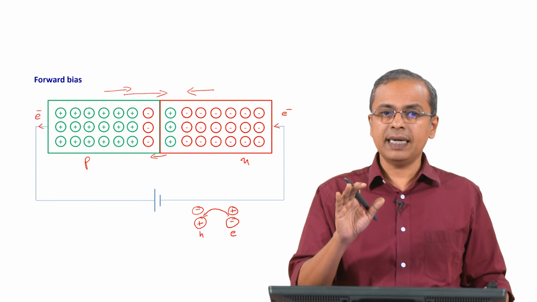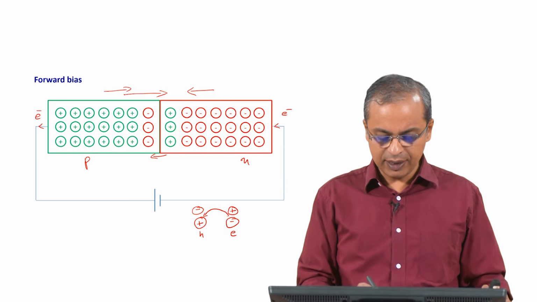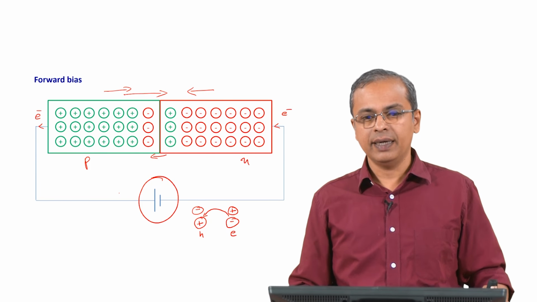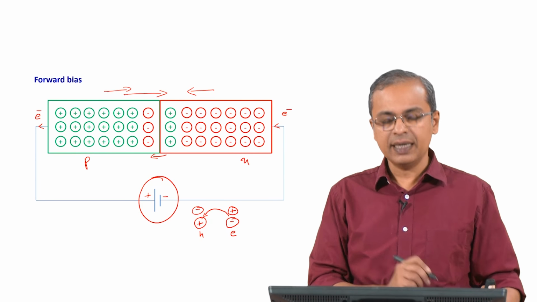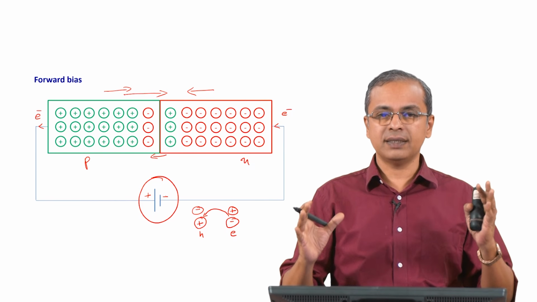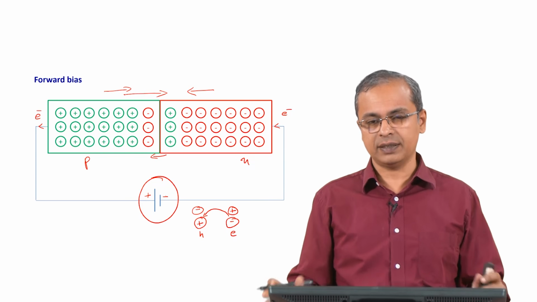Please note that when I said forward bias, to show that as an experiment, we put this battery in this external circuit, and we deliberately connected the positive to the P side and the negative to the N side. This is what we did to demonstrate this characteristic of the PN junction.